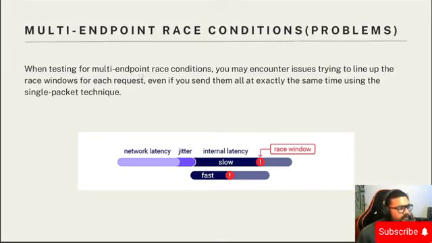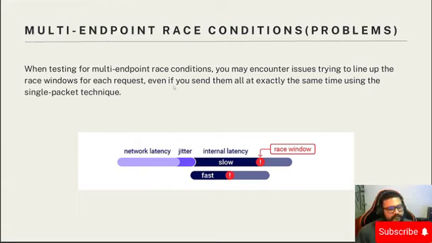There are some problems related to multi-endpoint race conditions. The problems can arise in the timing of requests. When testing for multi-endpoint race conditions, you may encounter issues trying to line up the race windows for each request, even if you send them at exactly the same time using the single packet technique.